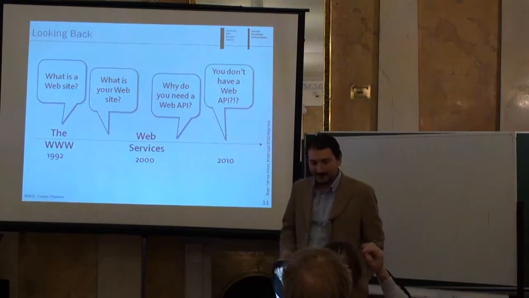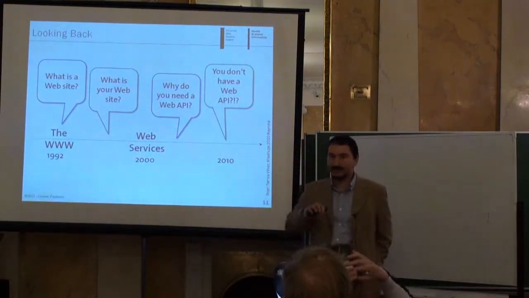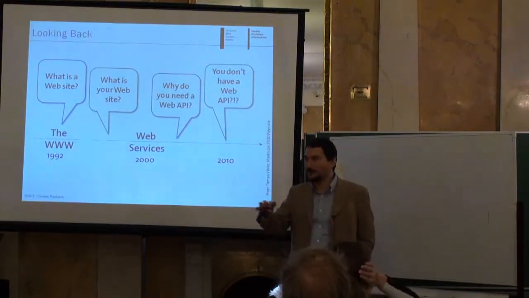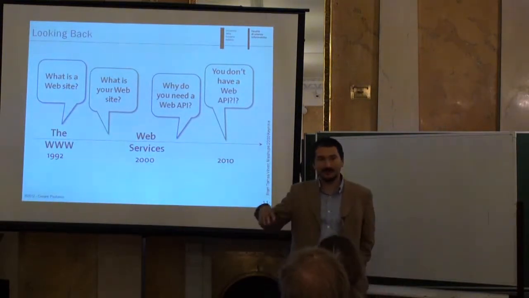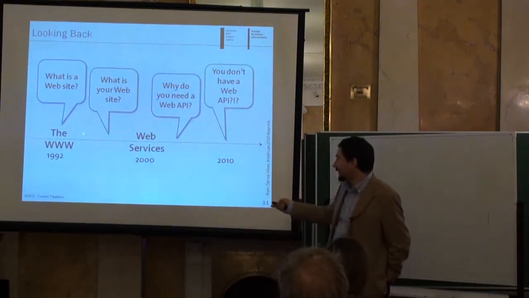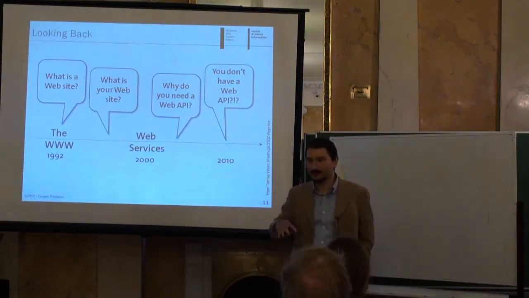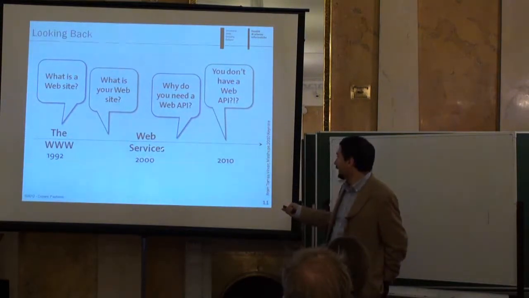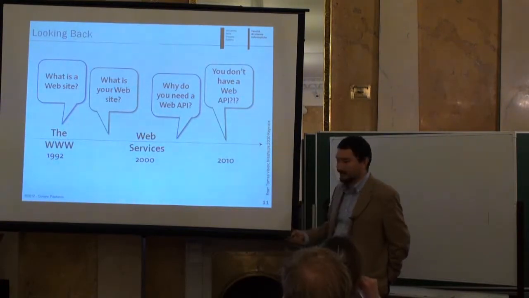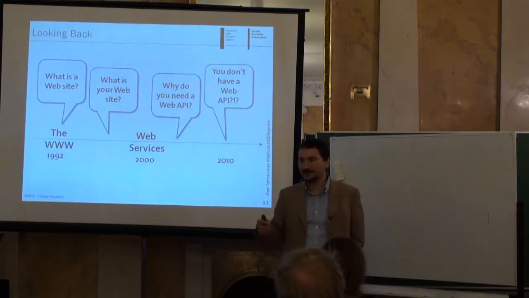The same thing happened with the web, which was mainly something for sharing documents for human consumption, with a person navigating with the browser and figuring out where to go. We switched from that human orientation to something oriented for machines, for programs, for making programs interoperate. That's why they're called services. It was the same trend. In the early days, people asked: why should this system have a web service interface? Why should it have a web API?